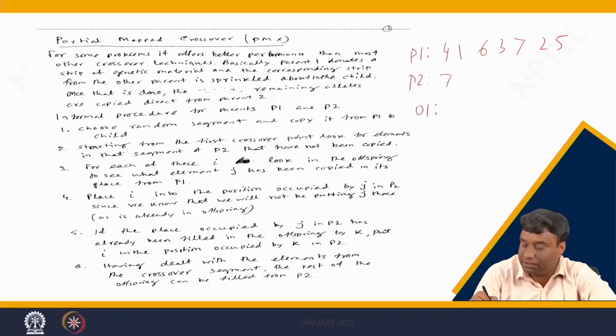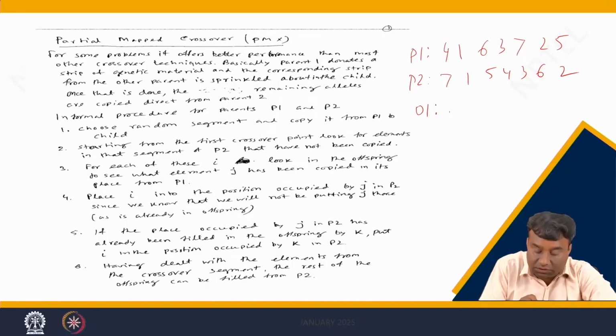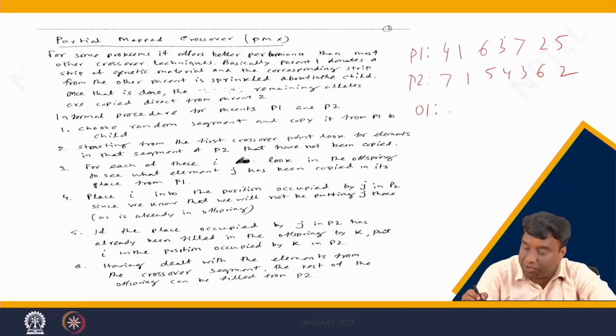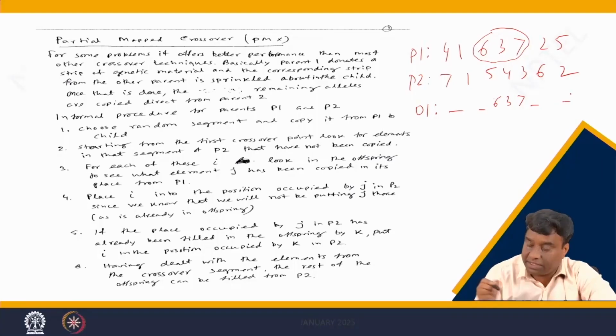P2 is 7, 1, 5, 4, 3, 6, 2. Starting from the first, choose a random segment and copy it from P1 to the child. This random segment is 6, 3, 7. We have copied it, and the other places are vacant.